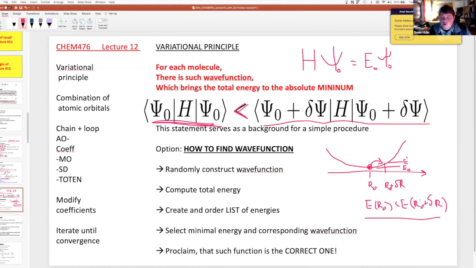And now we are using psi naught and psi naught plus delta psi instead of R, with the understanding that psi is a complicated shape in space rather than motion along one coordinate.